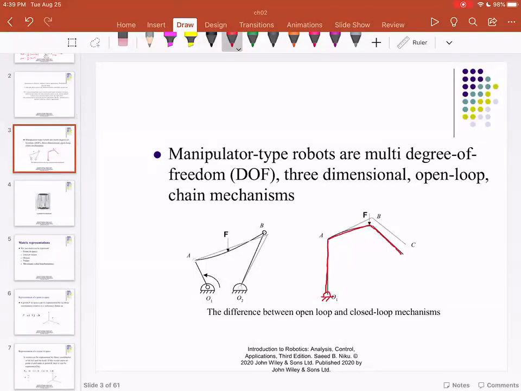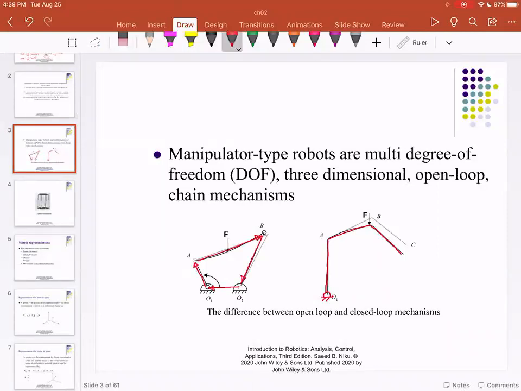So what do I mean by loop closed? Think about it. I can represent each link of the mechanism as a vector. So I want you to think about this vectorial representation.